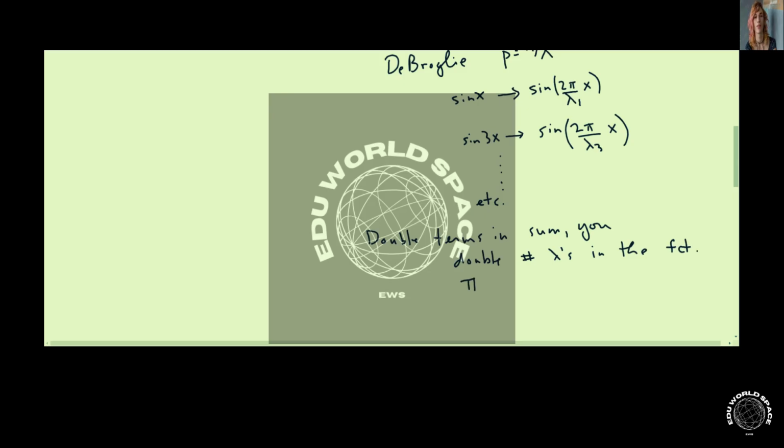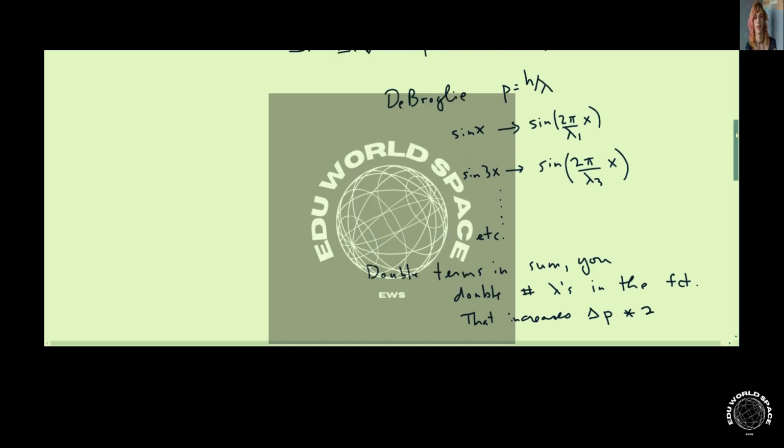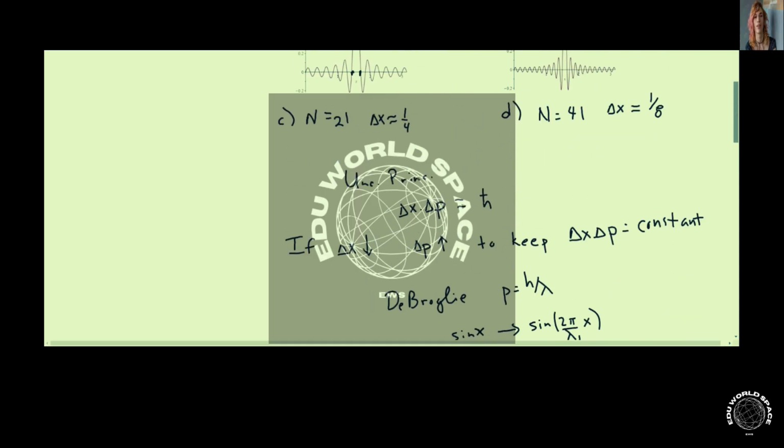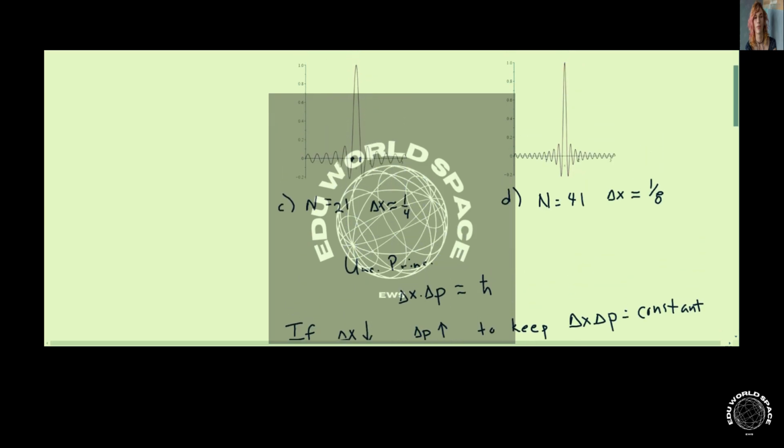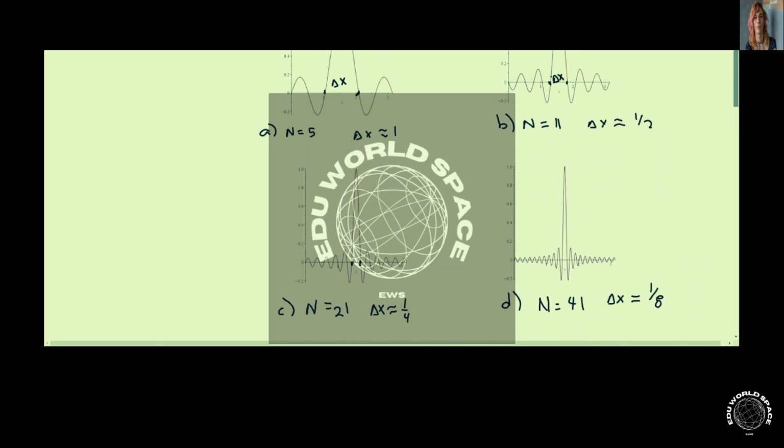And that increases the spread in momentum by roughly 2. So yes, the visual way to see that, of course, is you could do a histogram of the momenta and wavelengths in the system and get a spread from there. But the way it's evidenced is by the uncertainty in the position decreasing.